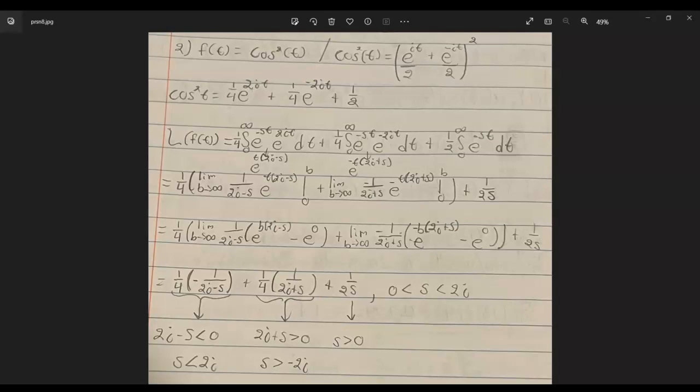With that, I got my answer, which is 1/4 times negative 1 over (2i minus s), plus 1/4 times 1 over (2i plus s), plus 1 over 2s. Like I was saying, each of them have their own separate values of what s can and cannot be. Overall, for those 3 different transformations, s has to be greater than 0, but less than 2i.